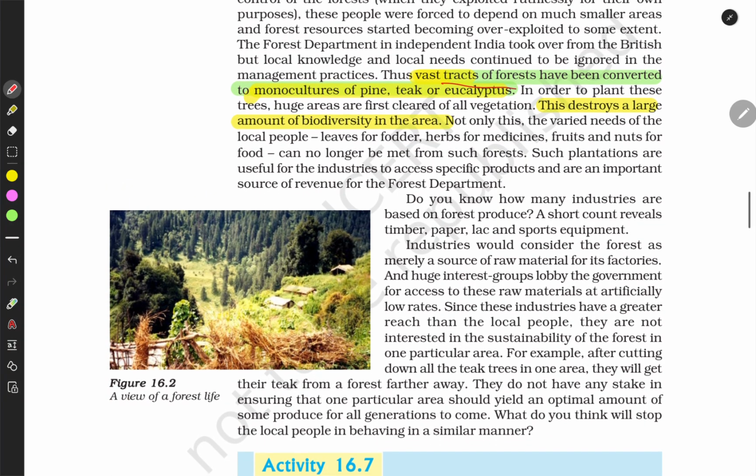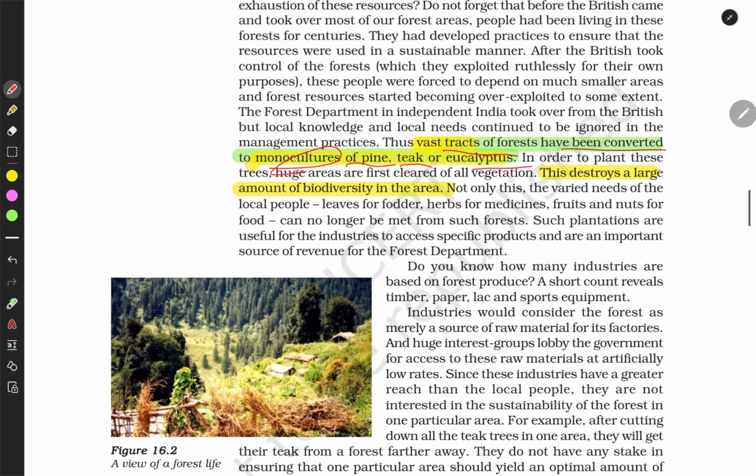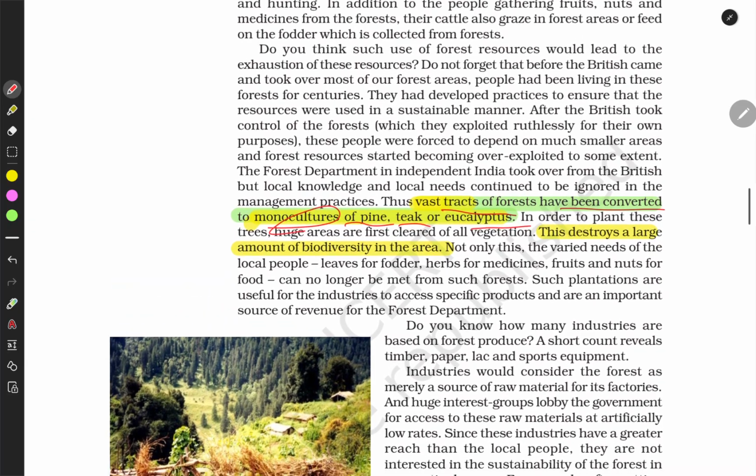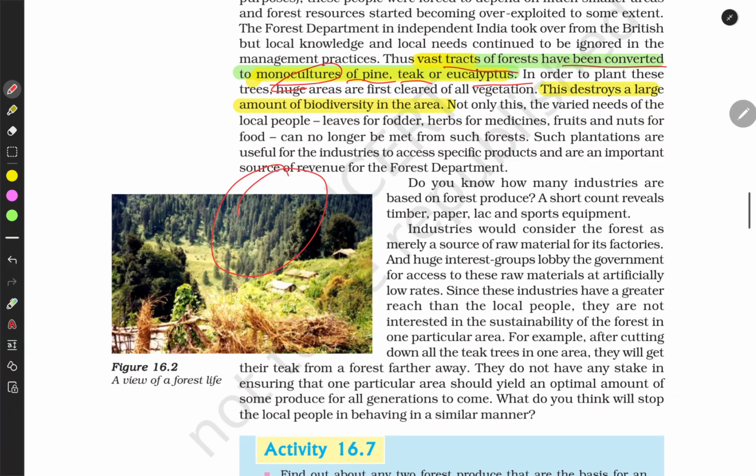And a vast tract of the forest has been converted into monocultures of pine, teak, and eucalyptus. What happened during the British period? Before the British period, there was a diversity of plant species and wild animals.